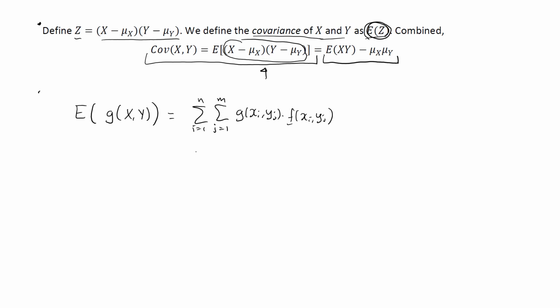For the covariance, this g function is then equal to xi minus mu x multiplied by yj minus mu y. So by just plugging this into this formula, we get the covariance of x and y.